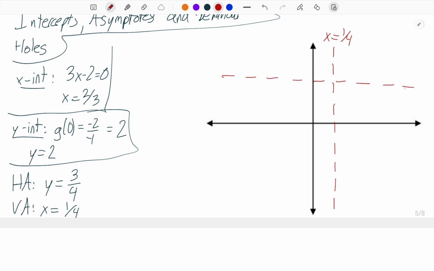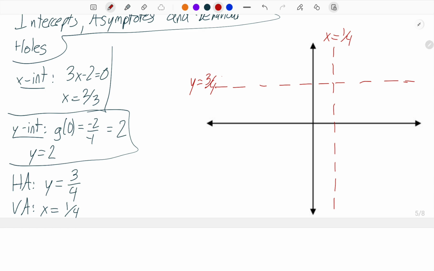Pretend like you can see me using a ruler right now. That is not straight. Let me try that again. That was really bad. Okay, it's not great, but we'll make it work. So we have 3/4 and a quarter there.